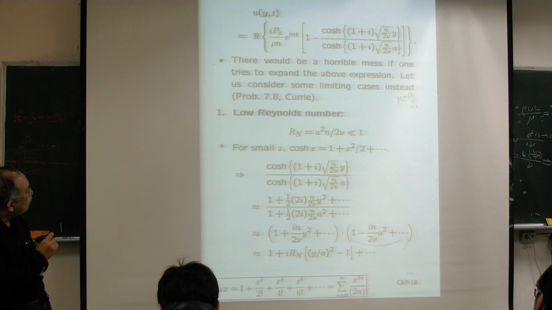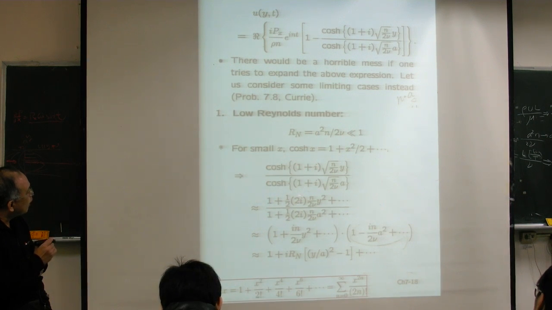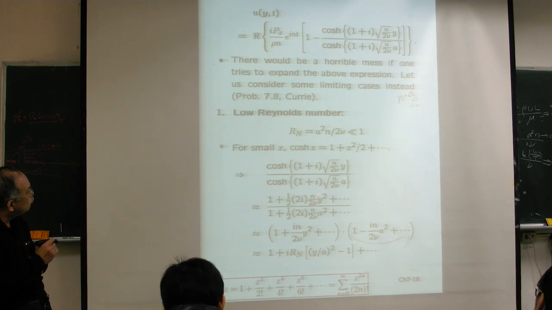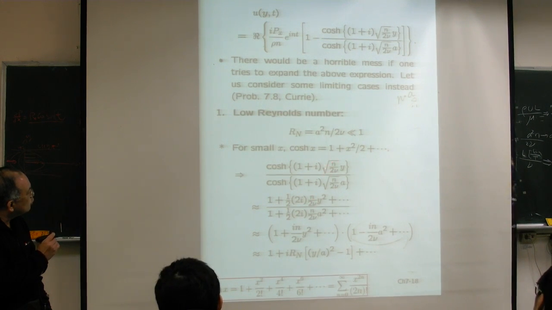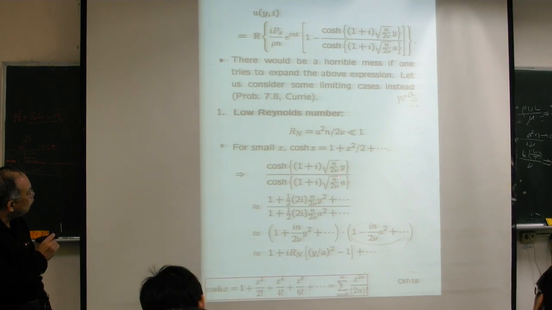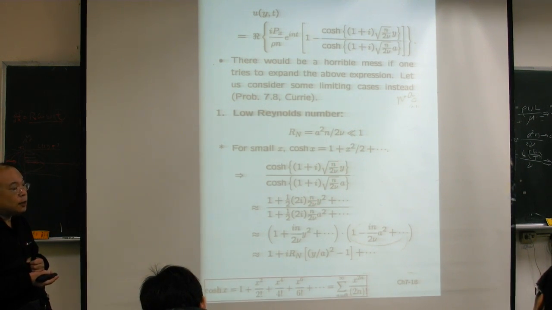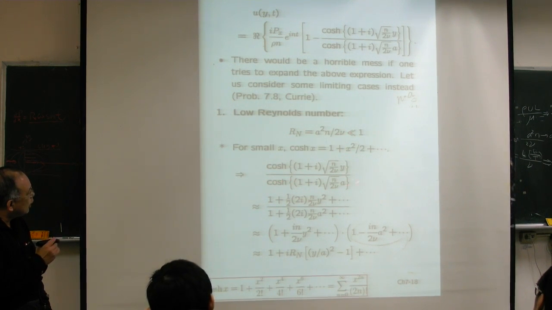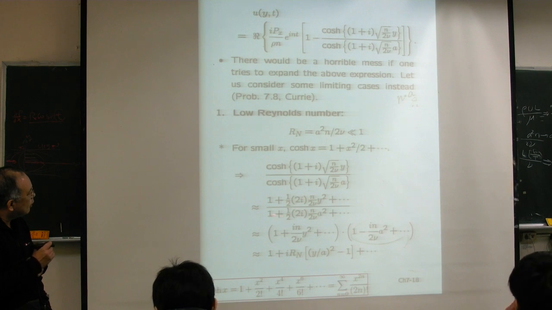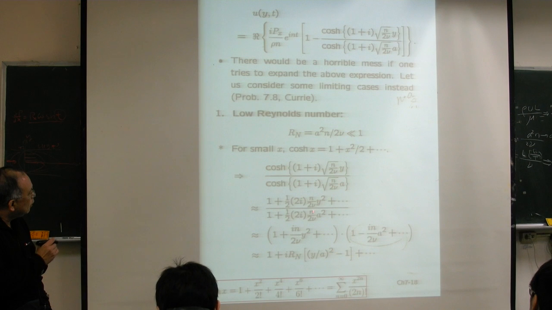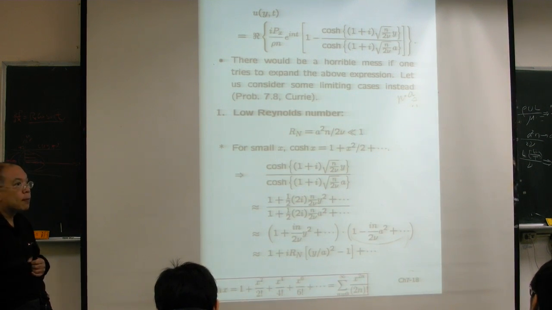So 1 plus i squared becomes 2i here, and the square of the square root becomes n over 2 mu, and y becomes y squared. So x squared becomes like this, and on the denominator we do the similar thing: 1 plus 1/2 of x squared.